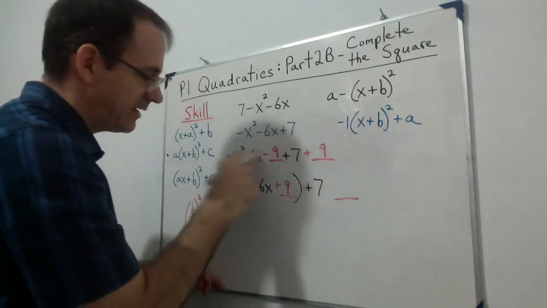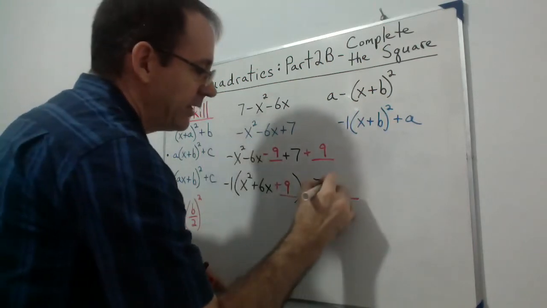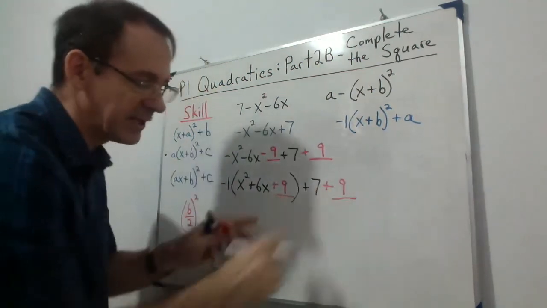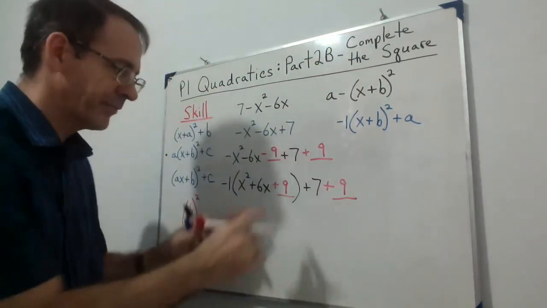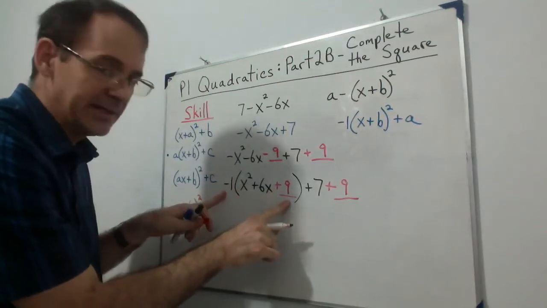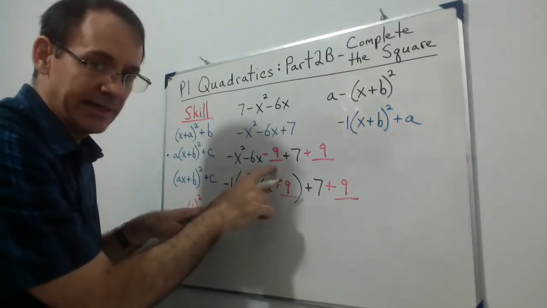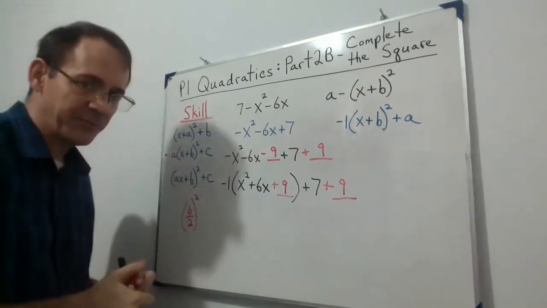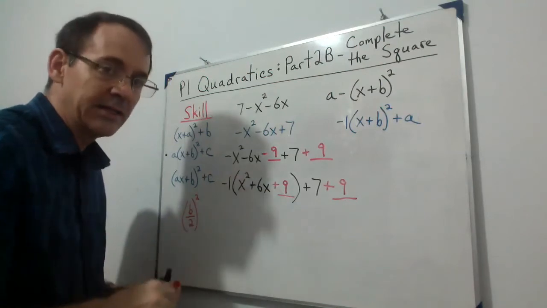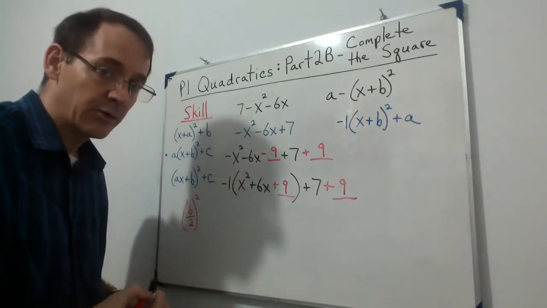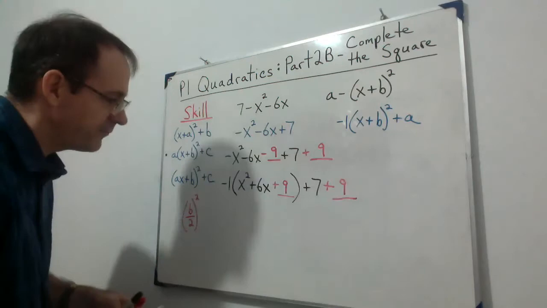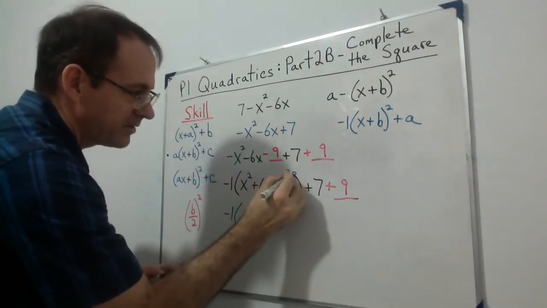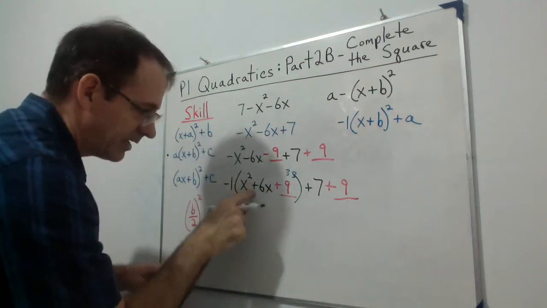So if we did a -9, then we need to add 9 over here. It looks like we're adding 9 twice, but this one is actually a -9. So it's a little tricky. Make sure when you have that A term in front, you consider that when you do your equalization part. Now we can factor it. We get a -1. Hopefully you already recognize this is the 3 times 3 to get 6, and it's positive.